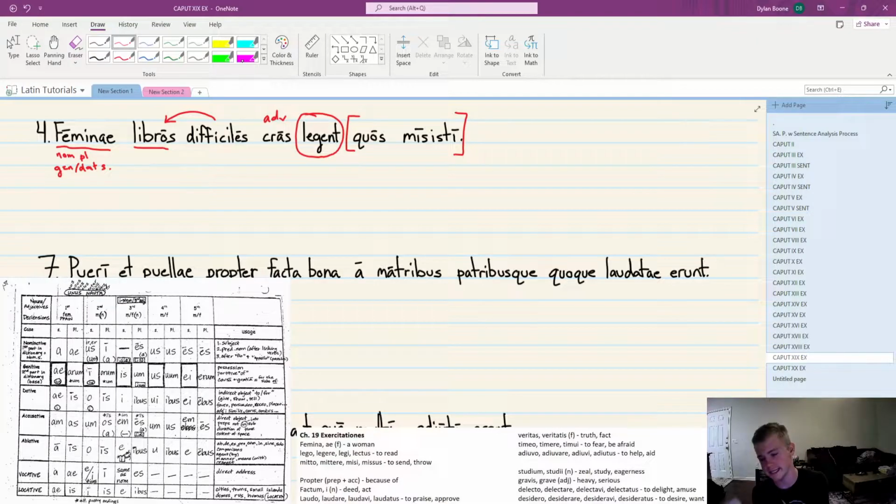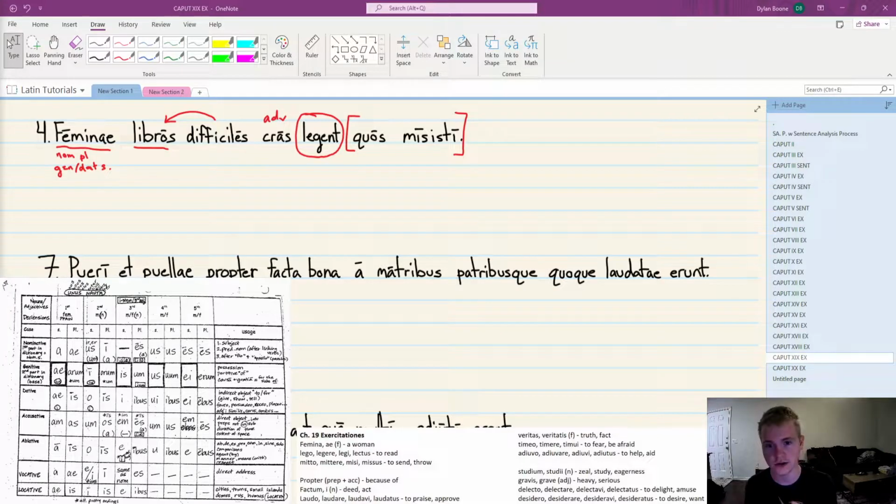So the verb is legent. It comes from lego, legere. So we do need to exercise some caution here. Lego, legere means to read. However, it is a third conjugation verb. And interestingly enough, in the present, it is legit, with an I-T. Legis, you read, like that.